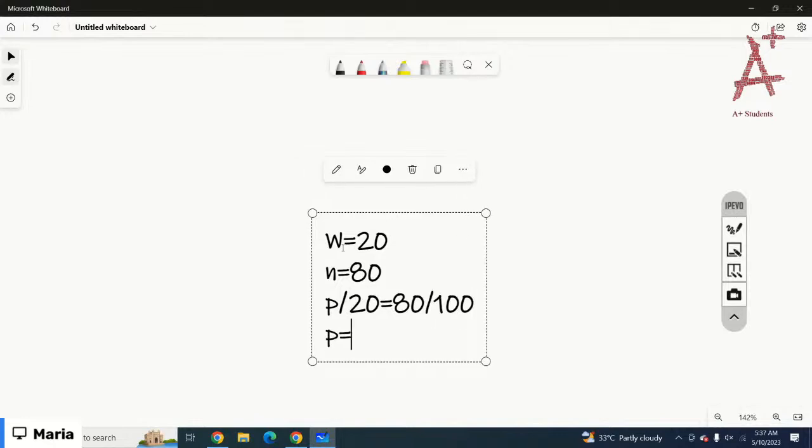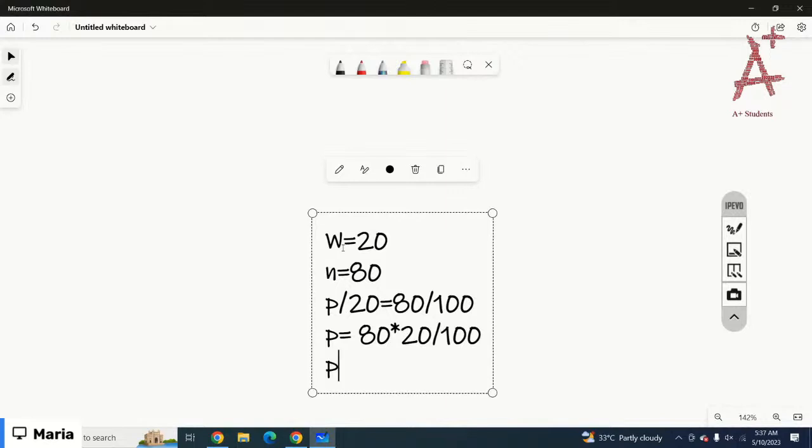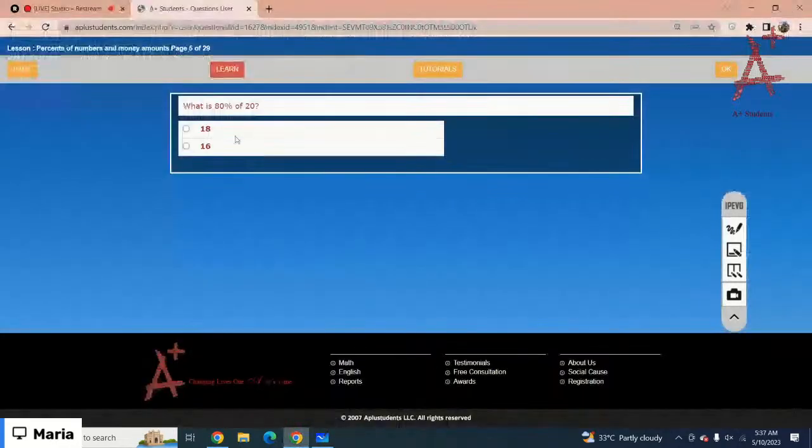You have to calculate for P. So it would be 80 times 20 divided by 100. 80 times 20 is 1600, so that means 80% of 20 is 16. Got it? The correct option is 16.